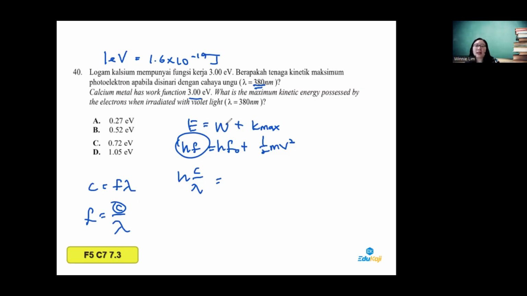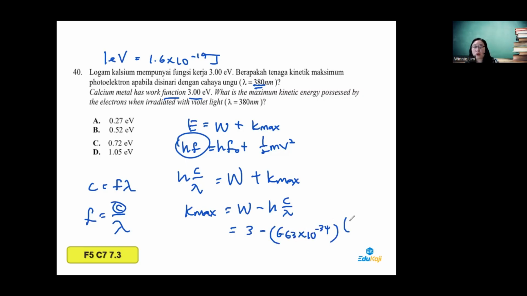Next, they give you the work function in eV, so you need to change the units, and they want to find K max, so you need to rearrange. I will have K max equals work function minus hc over lambda. Your work function is 3. Then you minus Planck constant 6.63 times 10 power negative 34, times c, the speed of light, which is also a constant 3 times 10 power 8, then divide by the wavelength, careful, in nanometers, so it's times 10 power negative 9.